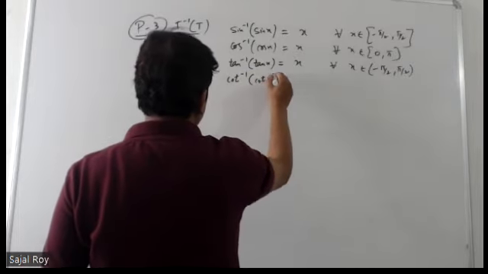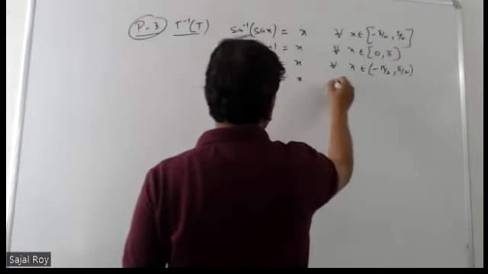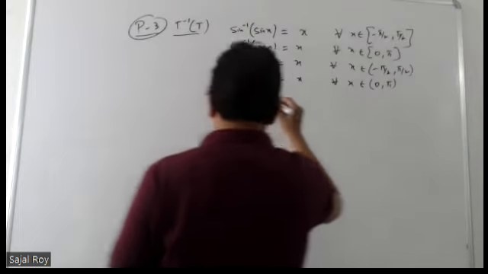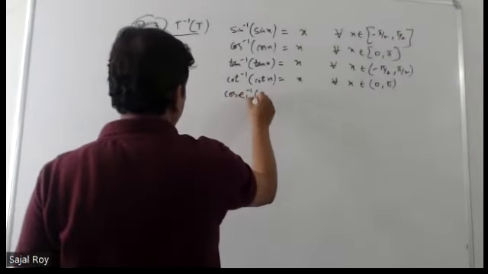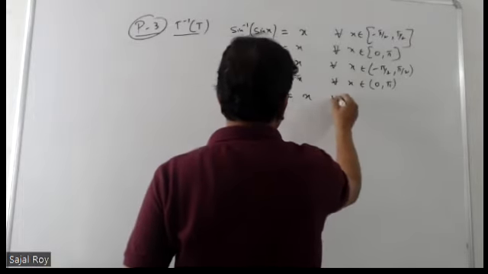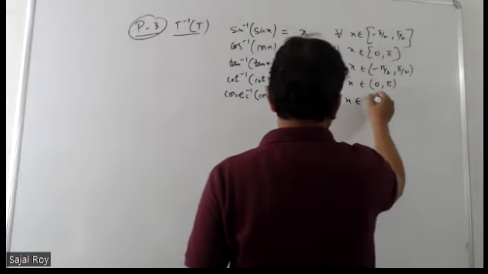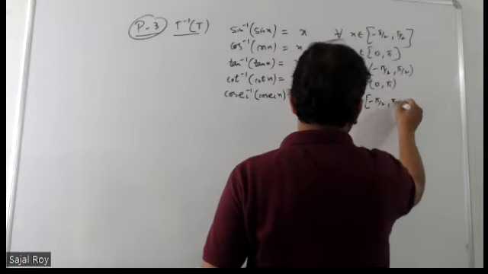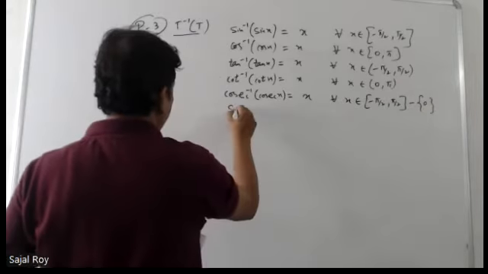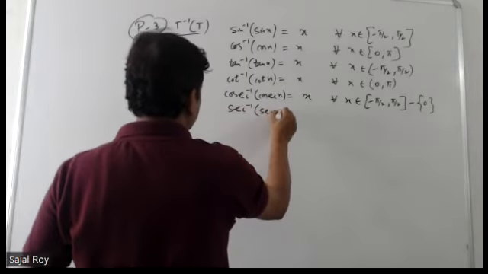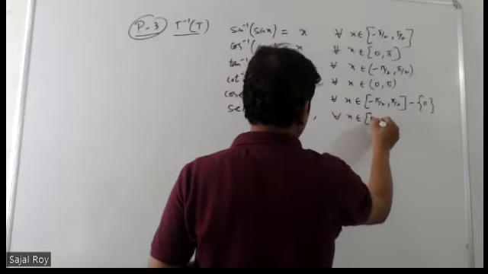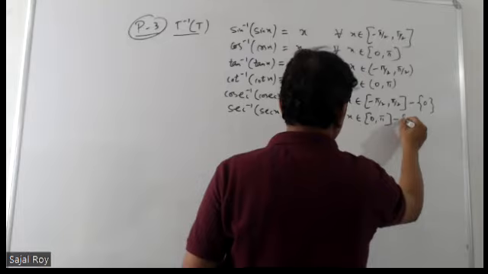And cot inverse cot x is x for all x belongs to 0 to pi, and cosec inverse cosec x is equal to x for all x belongs to -π/2 to π/2, x not equal to 0. Sec inverse of sec x is x for all x belongs to 0 to pi, x not equal to π/2.